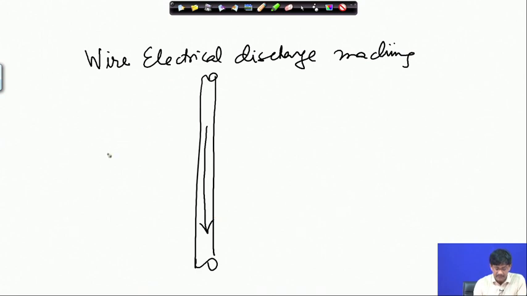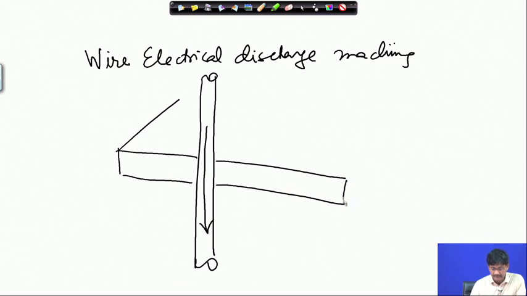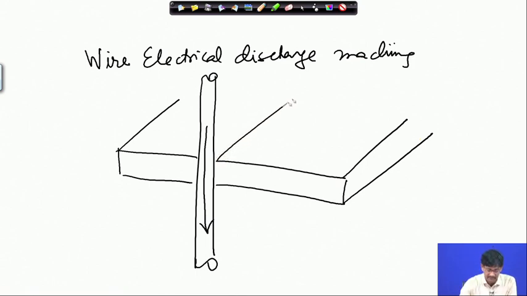That means, if there is a material here, say a sheet of metal, and I want to cut it along this line, then obviously I make the wire move.